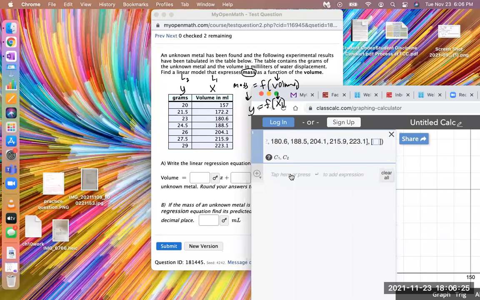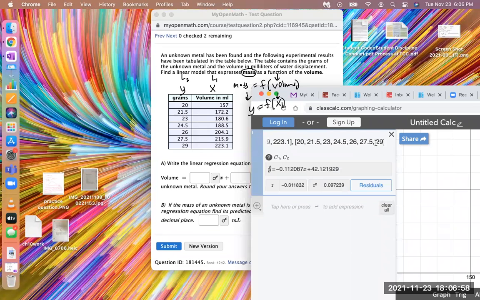I think I got it all. Okay, that's my first. And then the second here, I'm going to do the 20, 21.5, 20, 23, 24.5, 26, 27.5, and 29. Okay, and there's my line.